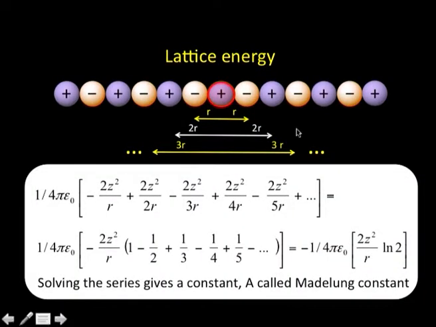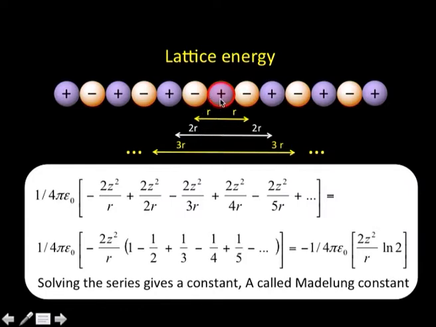To understand that, let us imagine a lattice with a series of oppositely charged ions arranged linearly. If I focus my attention on this central ion, encircled in red, what do I find?